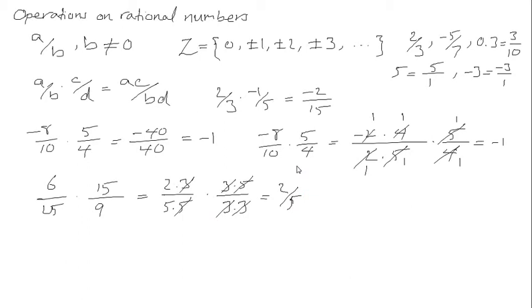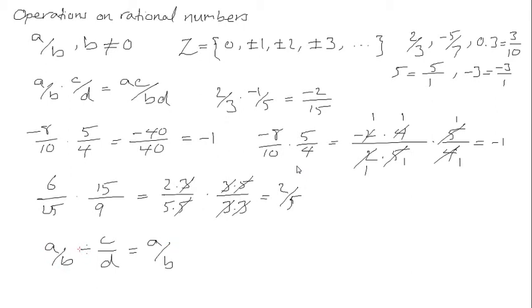Okay, now let's see how we divide rational numbers. So again, assume that a over b is a rational number, and you want to divide that by c over d. The way you do the division is that you convert your division into a multiplication. You keep the first rational number as it is, a over b.